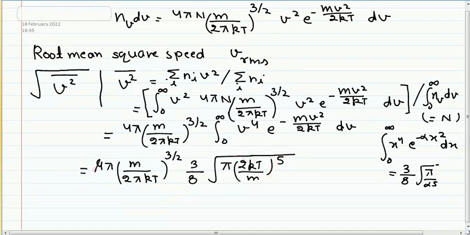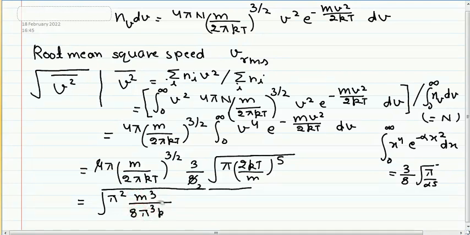So this 4 into 2 is 8 here, and then again to solve this let us put all the items inside the square root. So this pi square, and then m cube divided by 8 pi cube k cube T cube, into 3 by 2 means 9 by 4, and then this pi, and then this to the power 5.